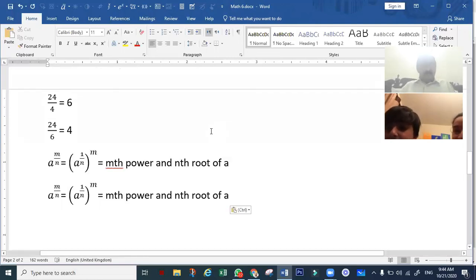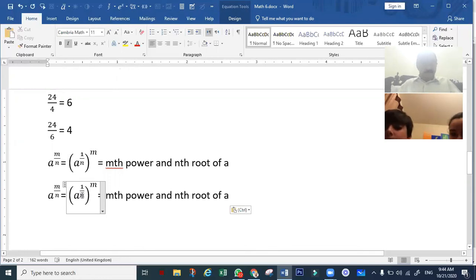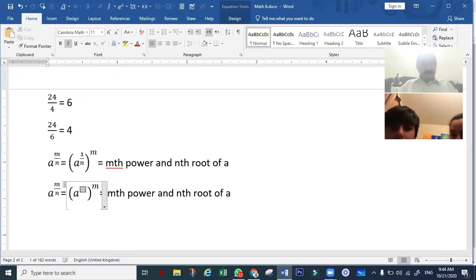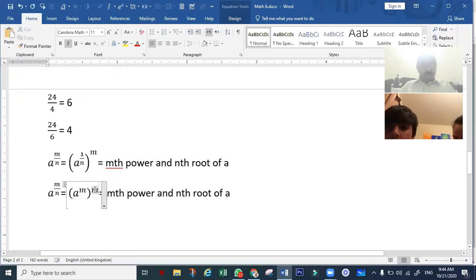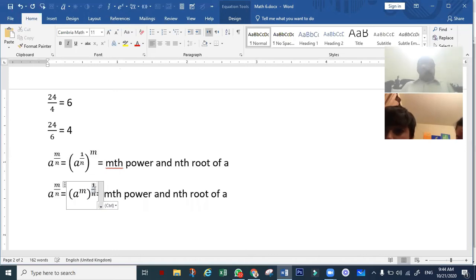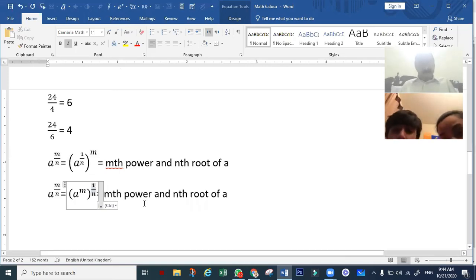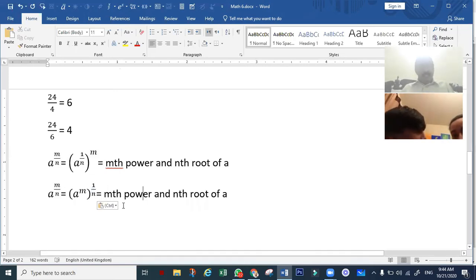We can write down m here. यहाँ पे m लिख सकते हैं बेटा. और इसकी पावर को बना सकते हैं. How is it to be written? Mth power and nth root of it.